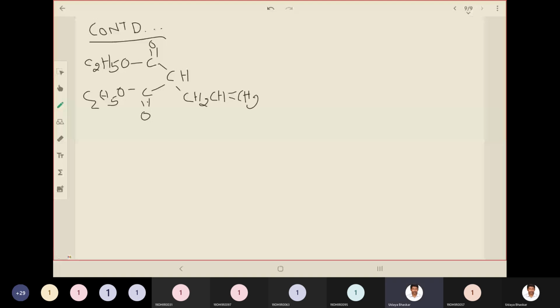To this intermediate, we have 2-bromo 3-hexyne, that means the second side chain, and we'll add ethanol.